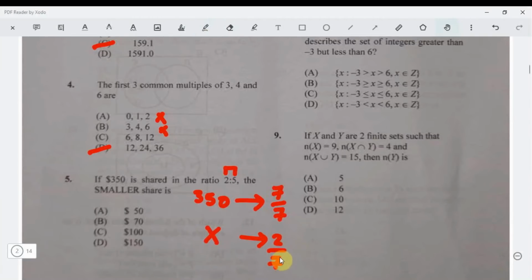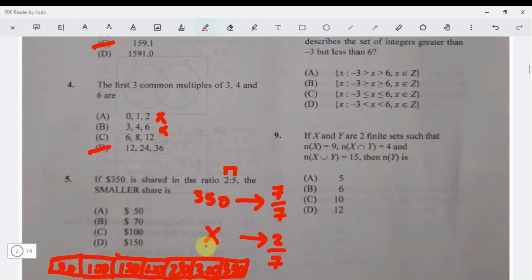Now, since we're dividing it up into 7 pieces, I'm just showing you a quick way. If you were to divide 350 by 7, you'd get 50. So what we're saying is, look at this, 50, 50, 50, 50, 50, 50. Just to do it a little different this time. This is 50, 100, 150, 200, 250, 300, 350. Now look at this. 1 piece, 2 piece.